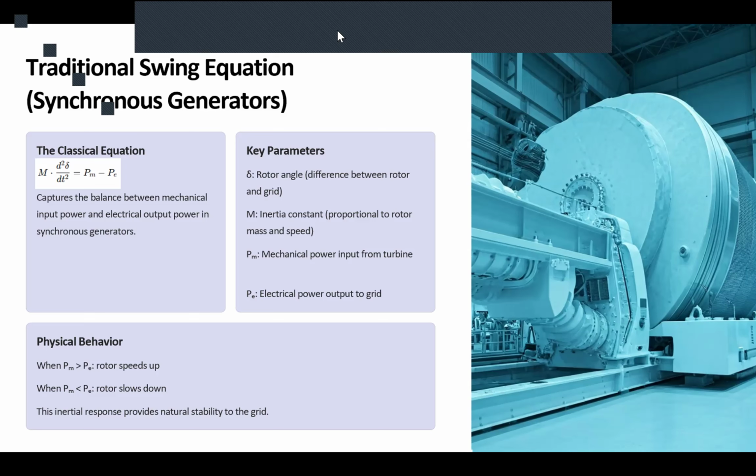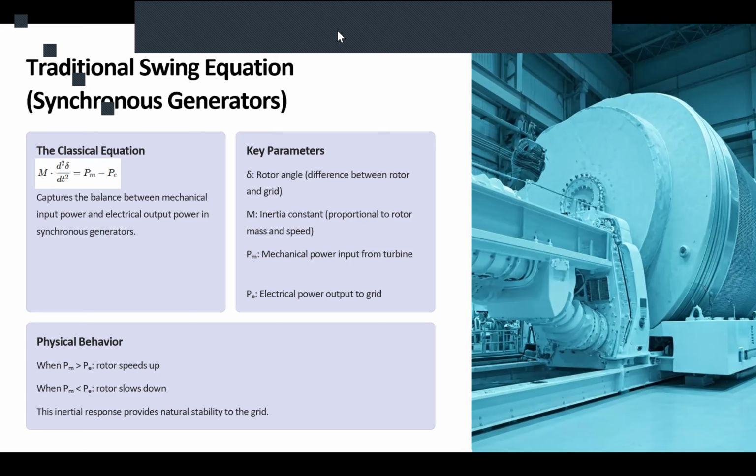If it's positive, that means the speed is going up, meaning the rotor speeds up. And if it's negative, which happens when mechanical power is less than electrical power, then we have a deceleration. So the speed is going to go down. The rotor is slowed down.